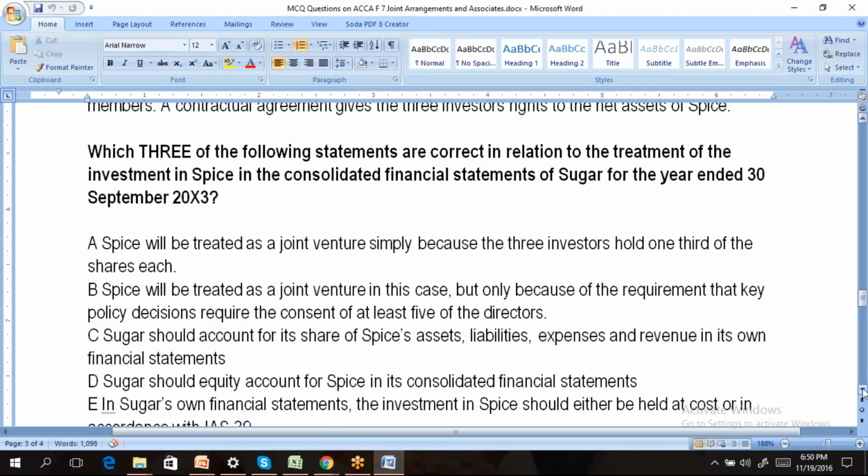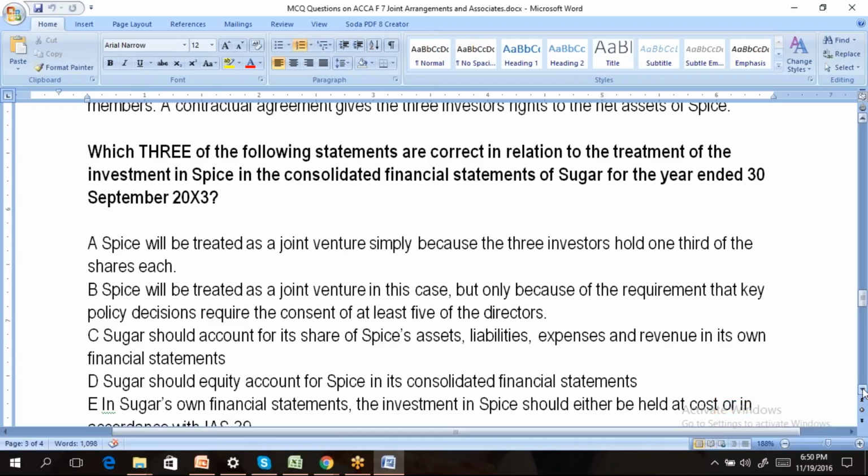C: Sugar should account for its share of Spice's assets, liabilities, expenses, and revenue in its own financial statements. That's wrong, because if it were a joint operation only, Sugar would account for the assets and liabilities separately.